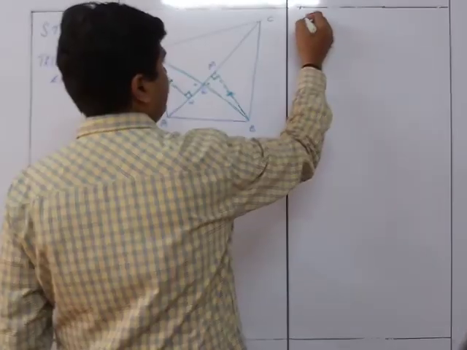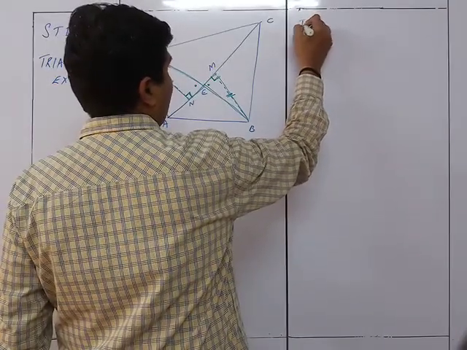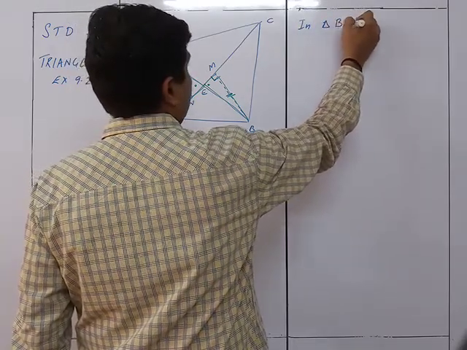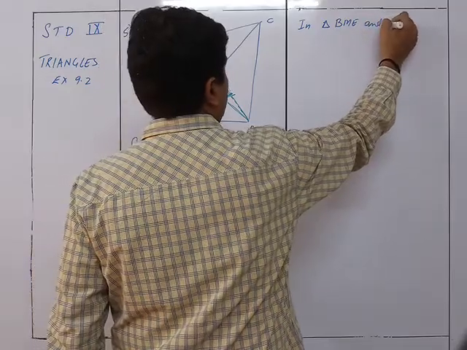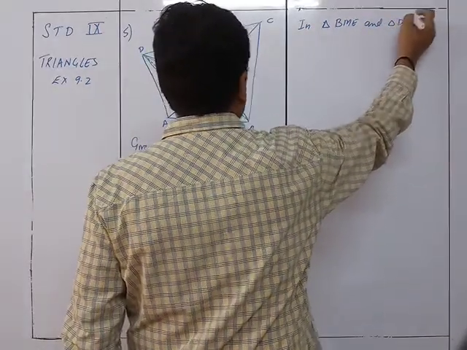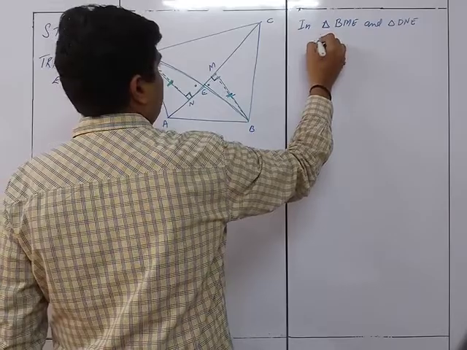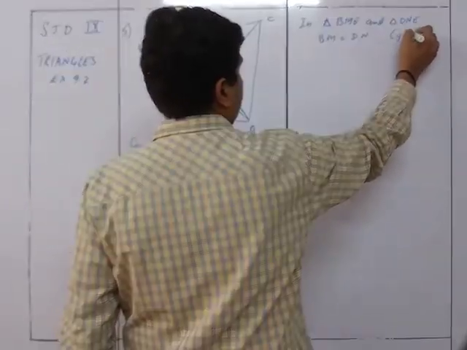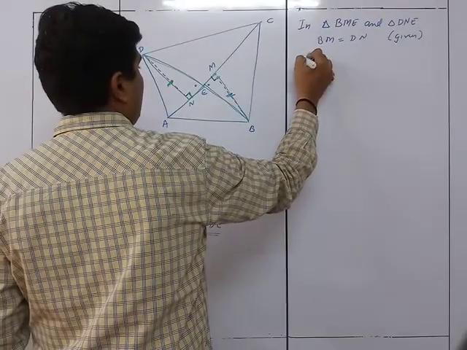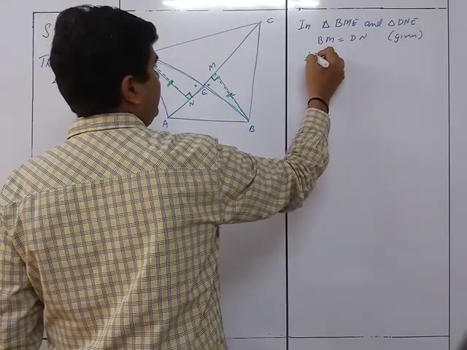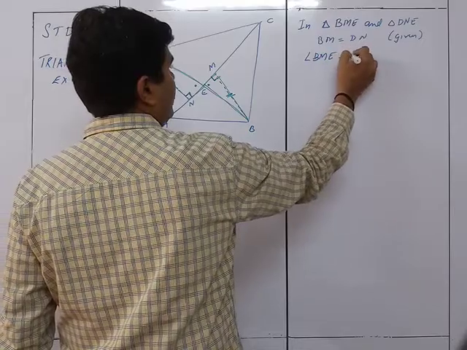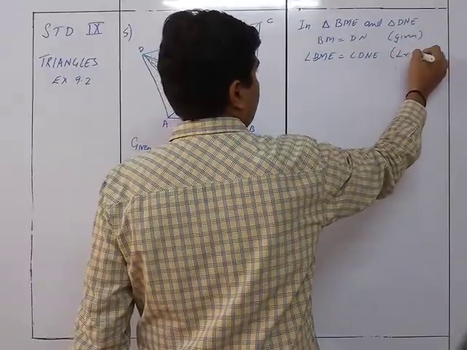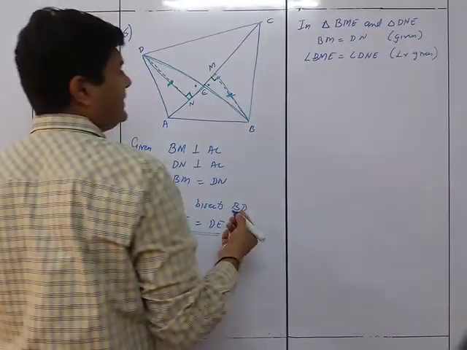So first we write the given, it's already here. So in triangle BME and triangle DNE, BM is equal to DN, given. Angle BME is equal to angle DNE, perpendicular, given, that is 90 degrees.